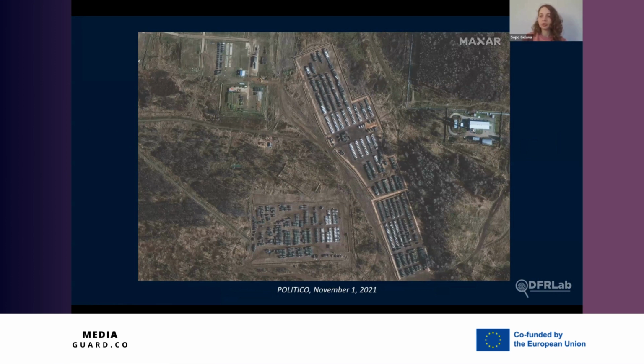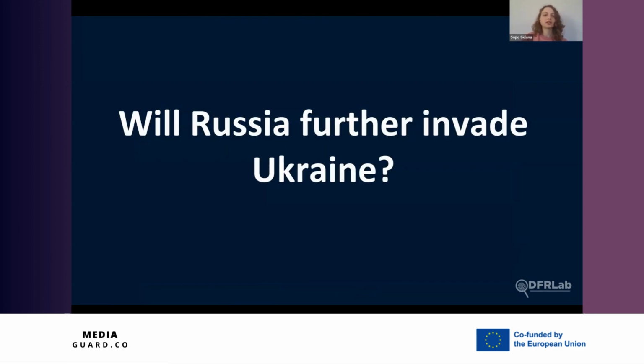And already in autumn and winter of 2021, there were increased concerns and statements from Western leaders that Russia was going to invade Ukraine. There were two opinions: that yes, Russia will invade Ukraine, and another that it was a scare tactic, Russia is bluffing and won't invade Ukraine.